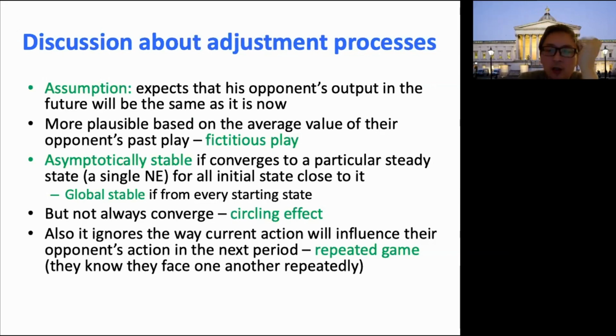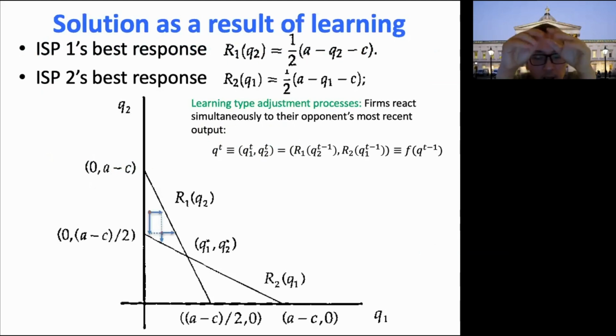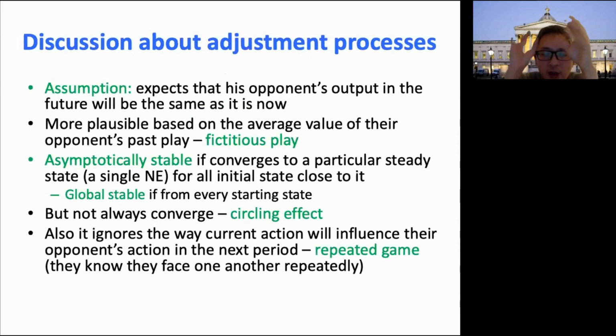Let's take this particular example. In this trivial case, one can prove that it is in fact stable, in the sense that if you start from a random initialization point, they will always converge to the Nash equilibrium. There are a bunch of papers after Cournot's model, I think from the 60s, really talking about stability and convergence. This has something to do with dynamic systems.